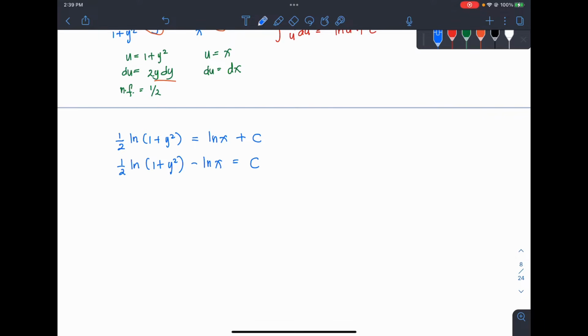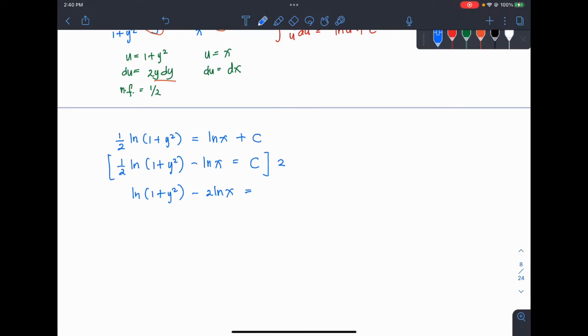And again, we do not want a numerical coefficient which is a fraction, so we multiply everything by 2. Giving us ln of 1 plus y squared, since 1/2 times 2 is 1, and then minus 2 ln x equals c times 2.